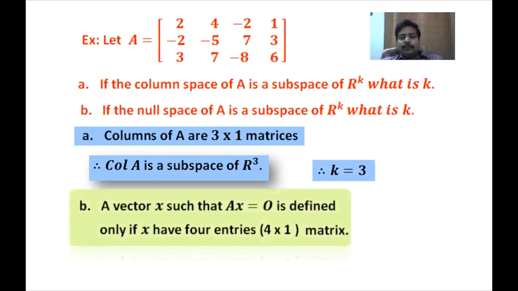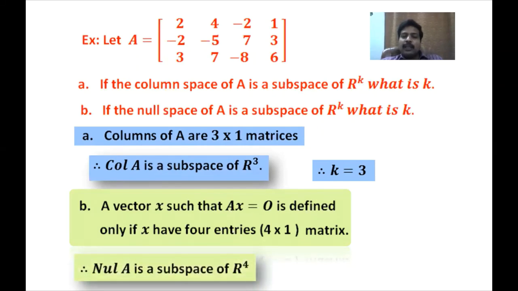Similarly, to find the null space, we need to find a vector x such that Ax is equal to 0. To make the multiplication compatible, when A is a matrix of 3 by 4, x must have 4 entries. So x is a 4 by 1 matrix.